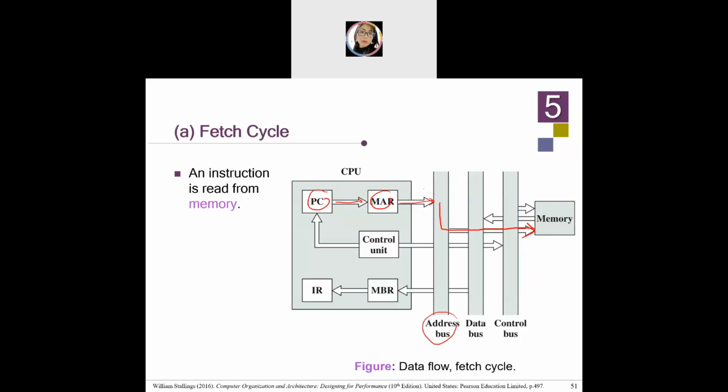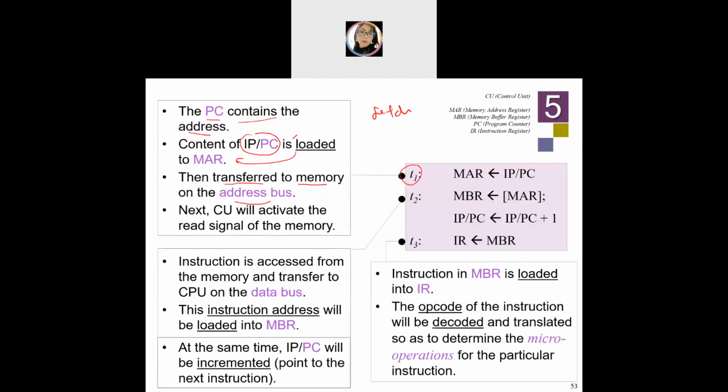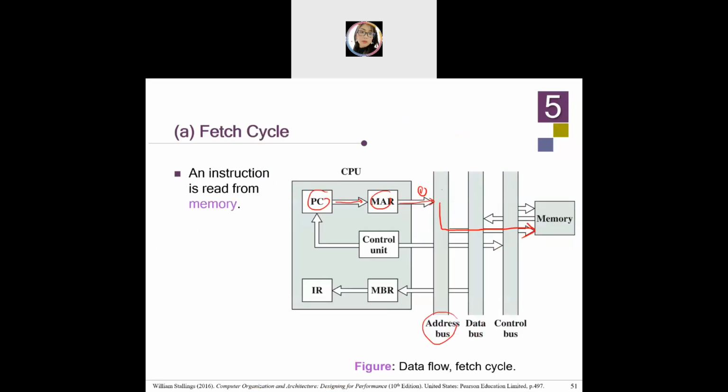So this is the first one. It will be transferred to memory using your address bus. After that, your CU will activate the read signal of the memory. So the CU will instruct an active signal for the read signal of the memory. So you finish one single line.